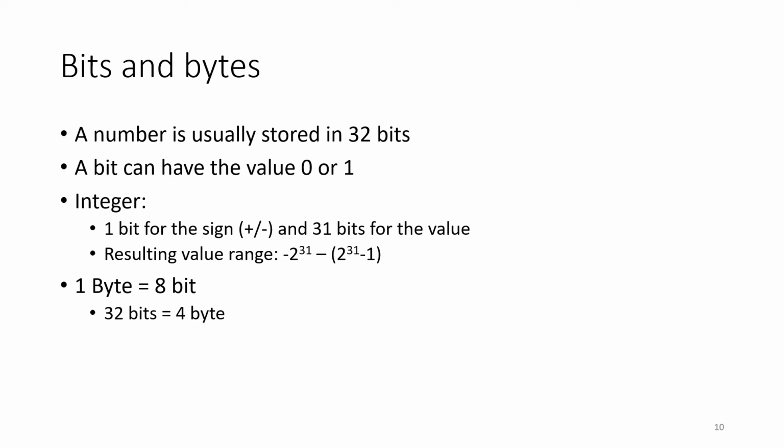And we have 31 bits for the value. Storing values in zeros and ones is a bit different, and I don't want to get into that, but it gives us a value range. With 31 bits, we can store minus 2 to the power 31 as a lower limit, and the same one, just minus 1, as an upper limit.